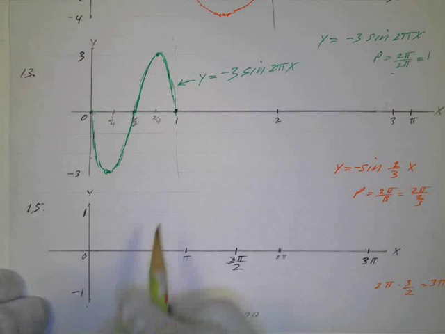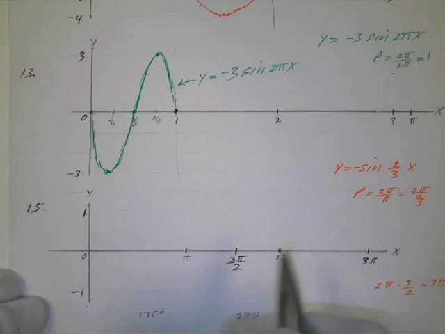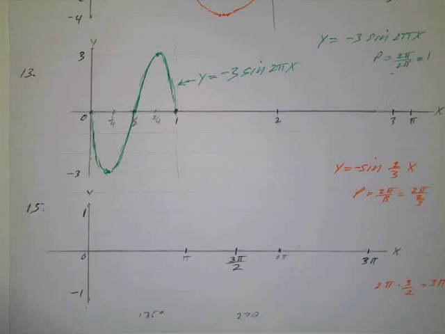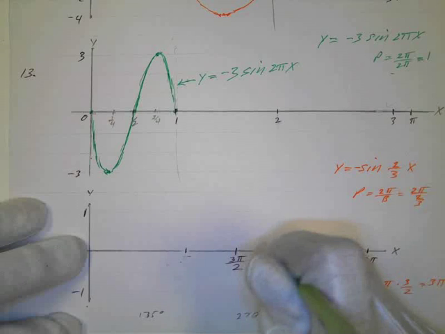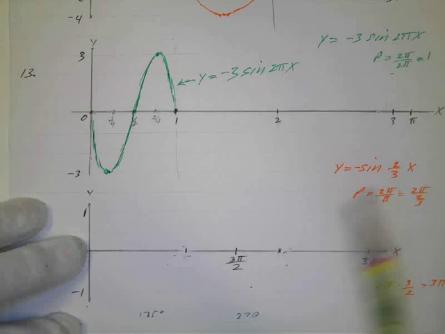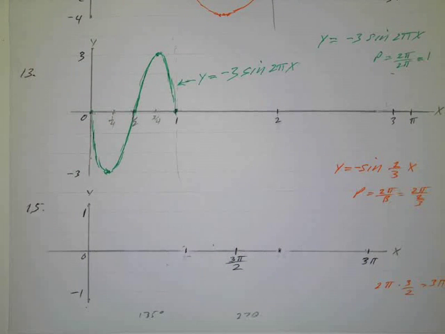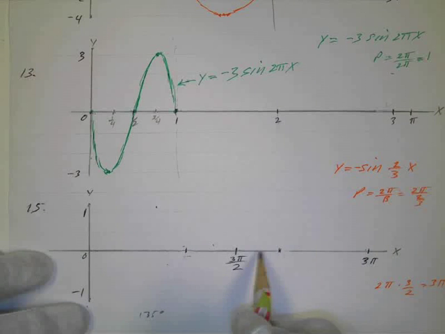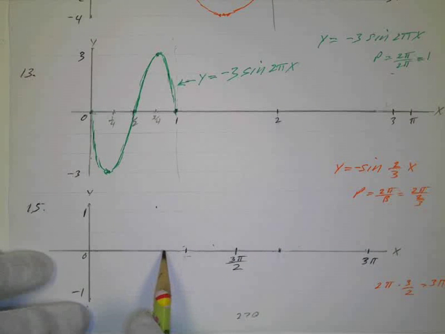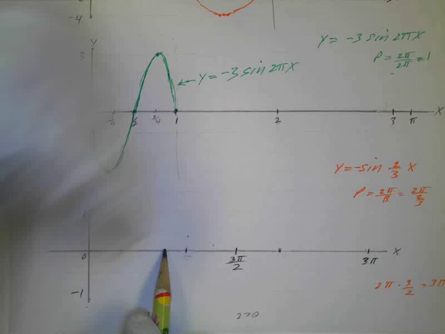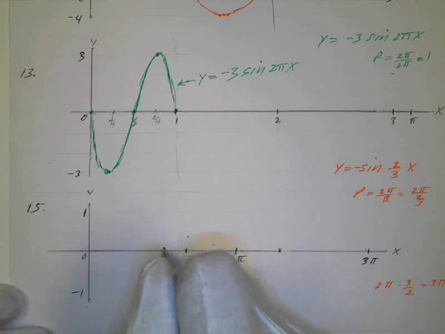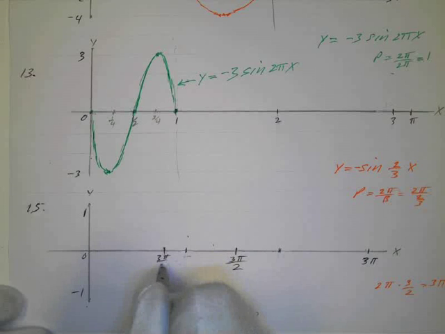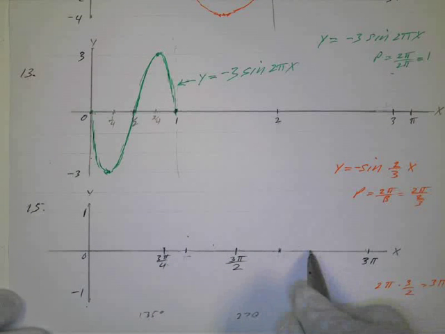Actually, I should almost even erase these, because they will be distracting me. Should have put them in pen. So I'd say about right there. That's probably going to be 3 pi over 4, about the middle there. And then again, I've got to go in the middle here, which is about there.